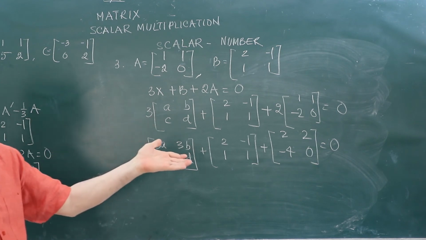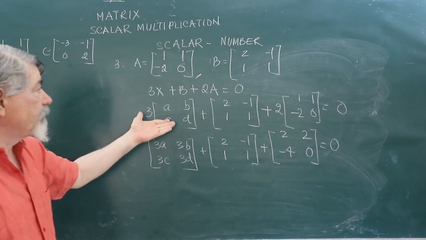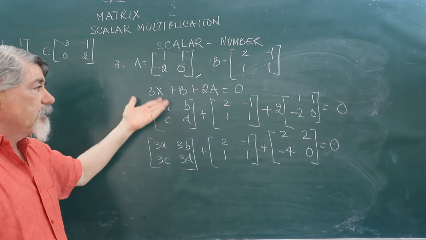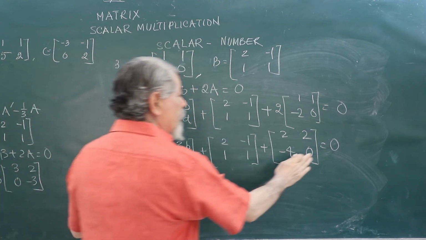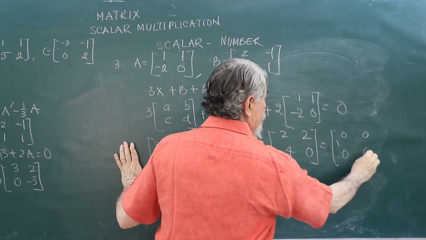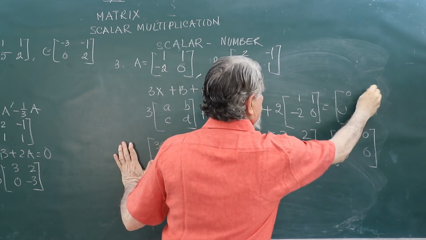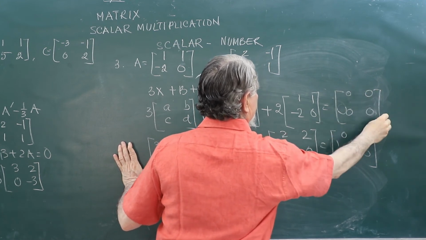0 means it is equal to a zero matrix. When I have converted everything into matrices, the right side is also a zero matrix, which I can write as [0, 0; 0, 0].